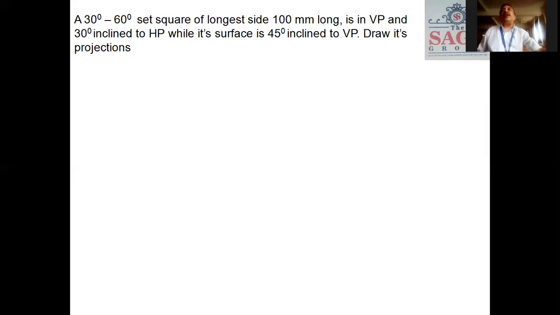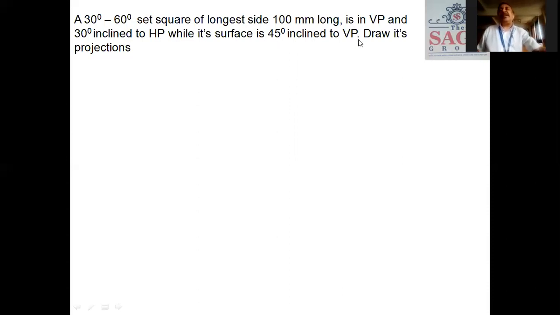Now what is our question? A 30-60 degree set square, longest edge in VP. See the question carefully. Longest edge in VP and 30-degree inclined to HP, while its surface is 45-degree inclined to VP.